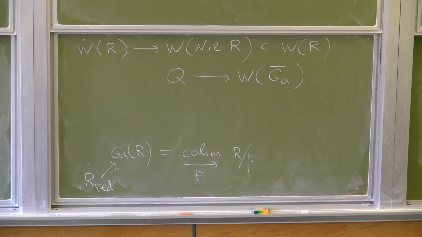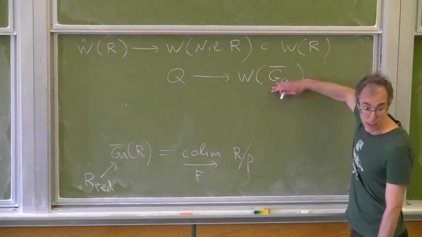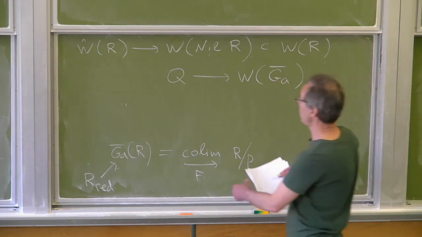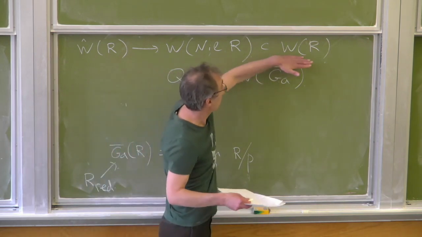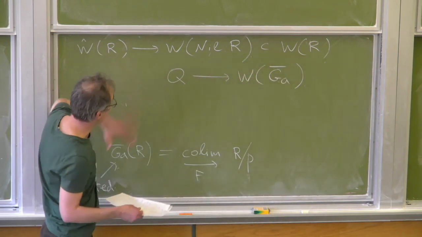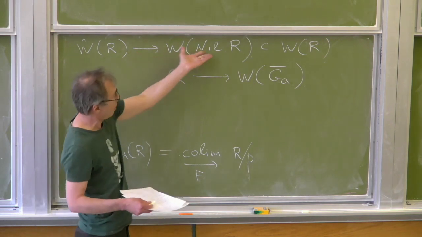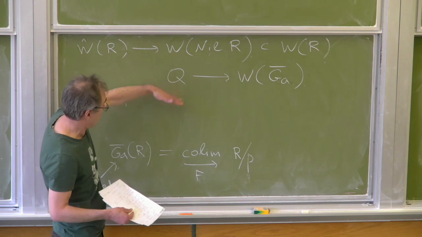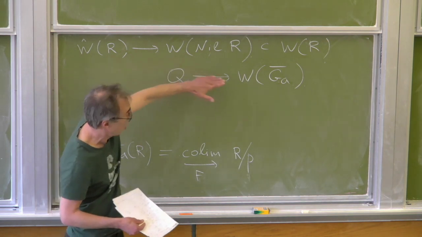So the main property for me here is that this is a sheaf. If I take the quotient of W of R by W hat of R, this maps to W of R reduced definitely, and that means that the sheafification of this quotient, which is Q, maps here.